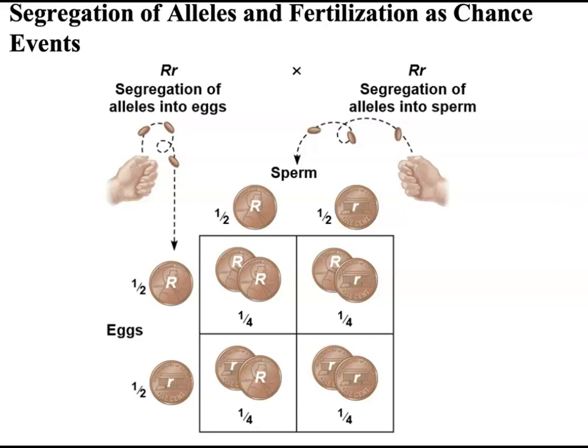How are the two numbers that you just added up mutually exclusive? They're both heterozygous events, right? They are, however, they're still not the same. The big R little r individual in the top right has received a big R from the egg and a little r from the sperm, while the little r big R individual in the bottom left has received a little r from the egg and a big R from the sperm.